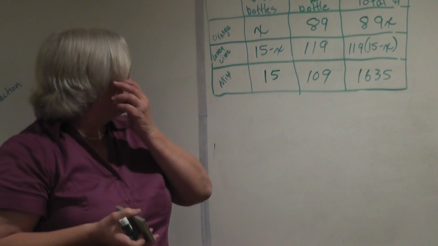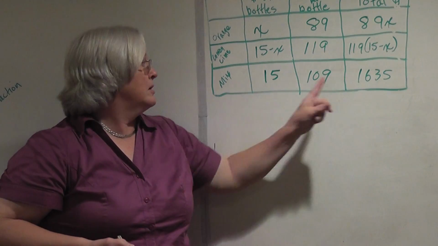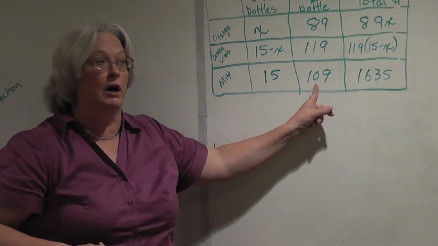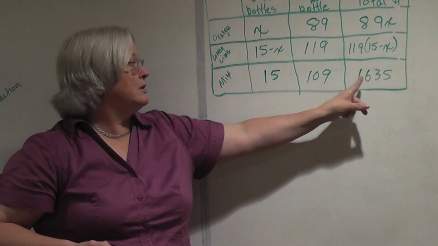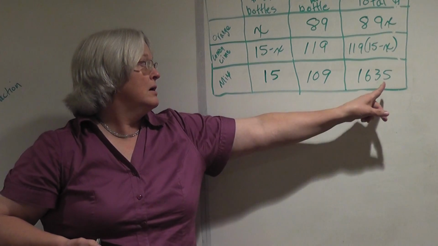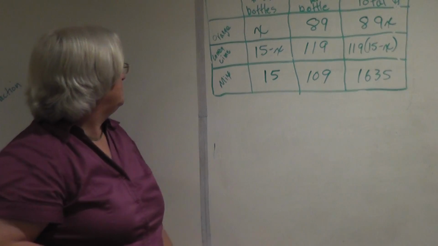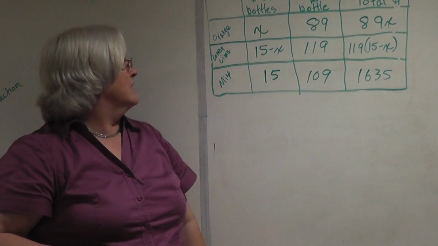Do we know what the total price is going to be? Yeah, as a matter of fact we do, because we know the price per bottle of our mix is going to be $1.09, and we know we're going to have 15 bottles, so we know that our total price is going to be $16.35.